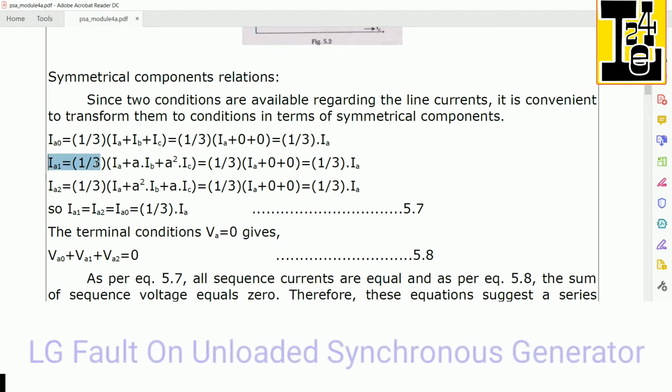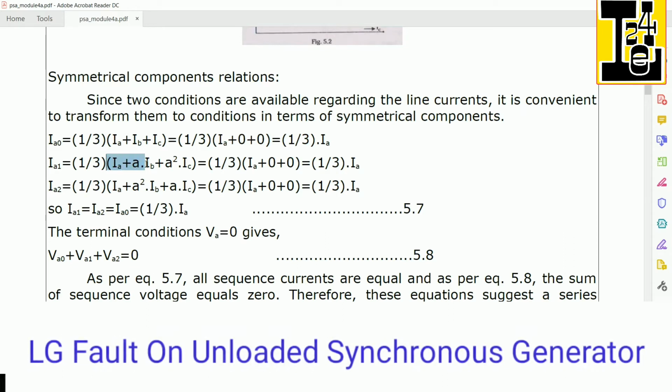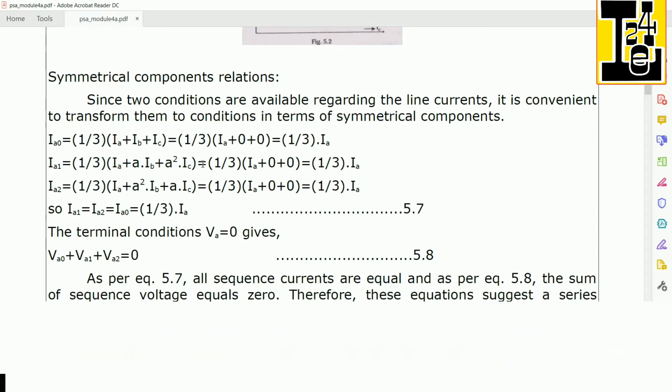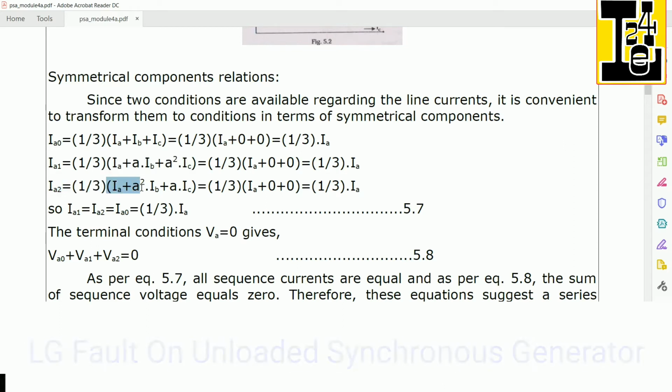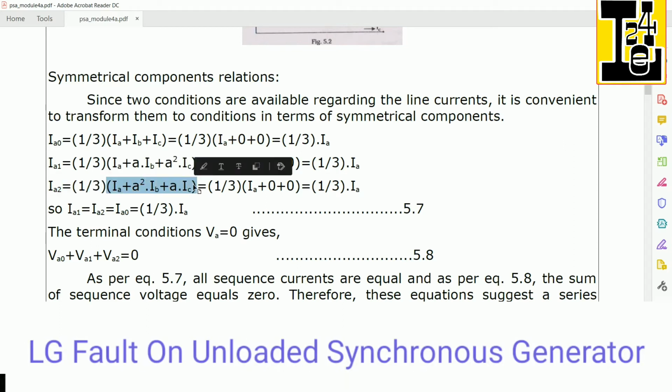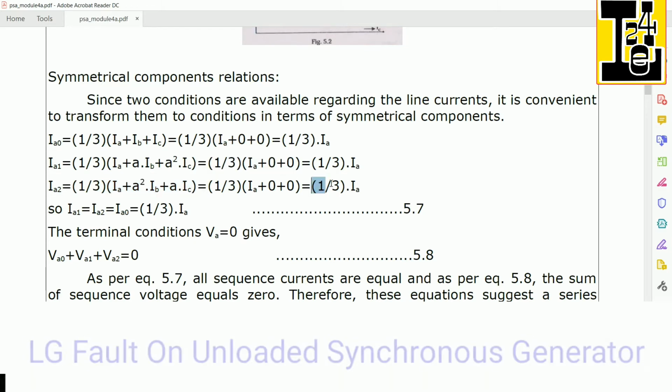IA1 equals 1 by 3 into (IA plus a IB plus a square IC), which gives IA1 equals 1 by 3 into IA. Next, IA2 equals 1 by 3 into (IA plus a square IB plus a IC), which gives IA2 equals 1 by 3 into IA.